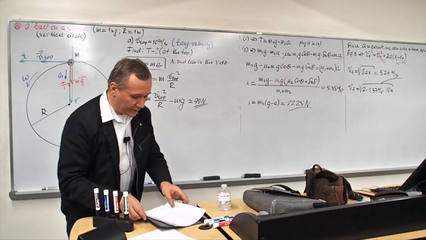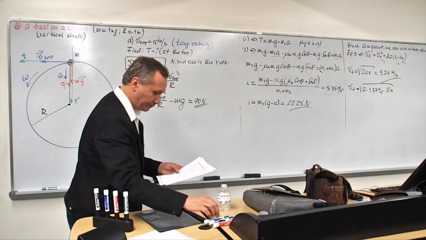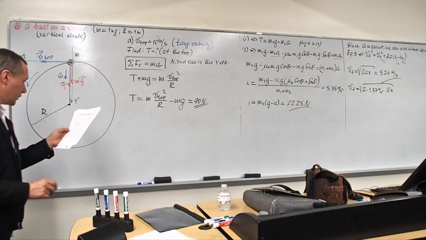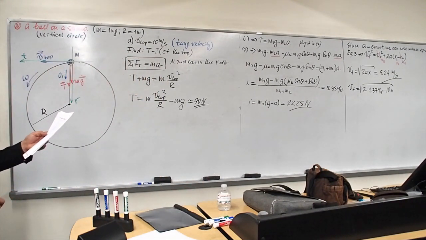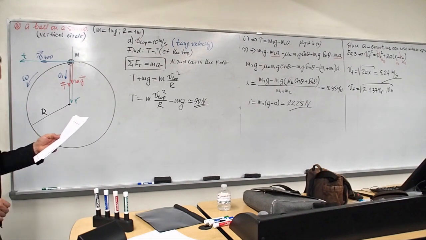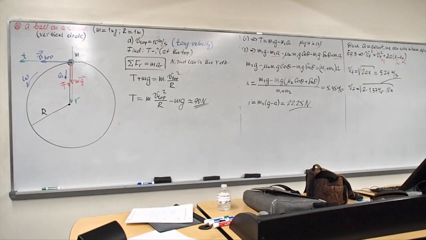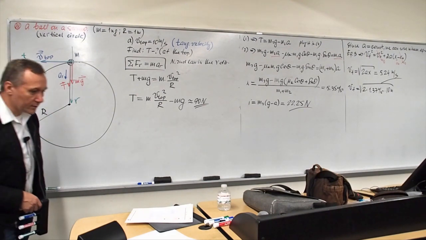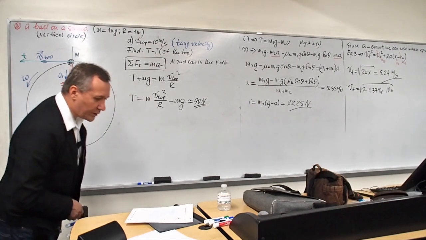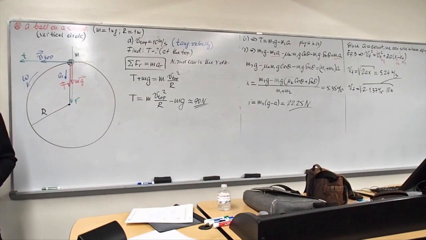Okay, and the last part, let's just look at the bottom. And at the bottom, what do we have to find? We know that the maximum tension that this cord can handle is 109.8 newtons.